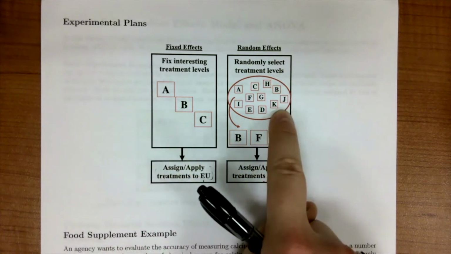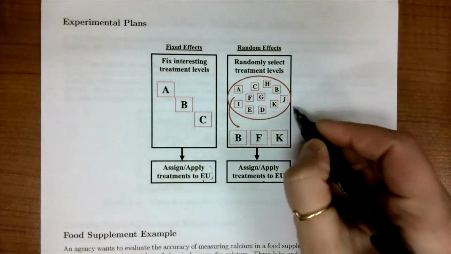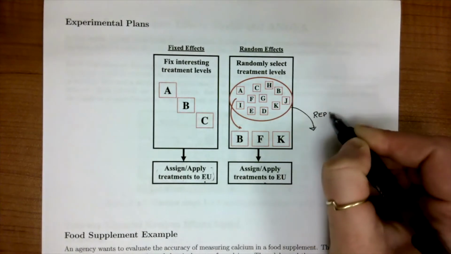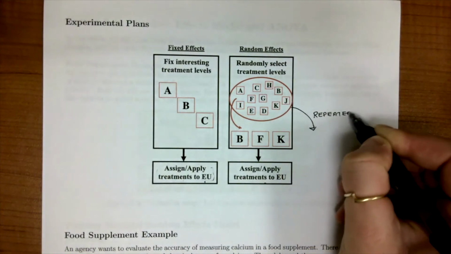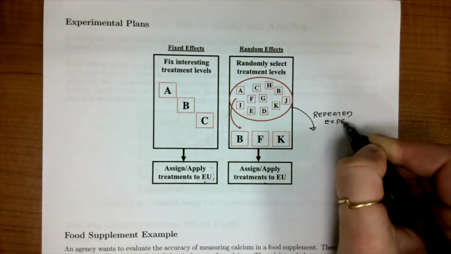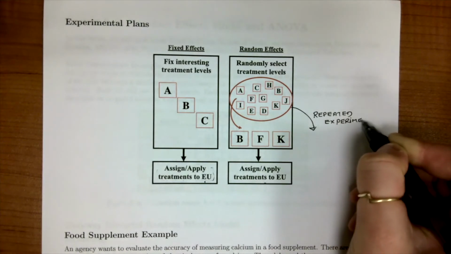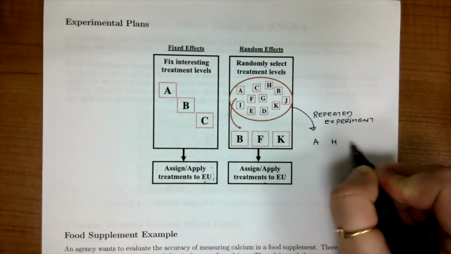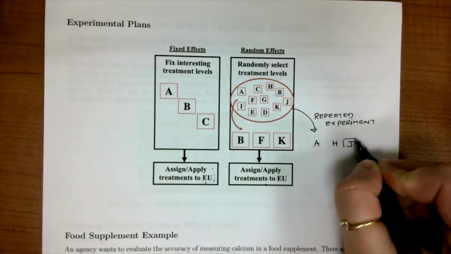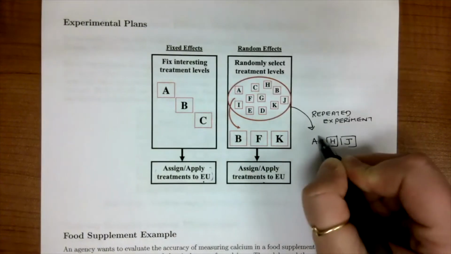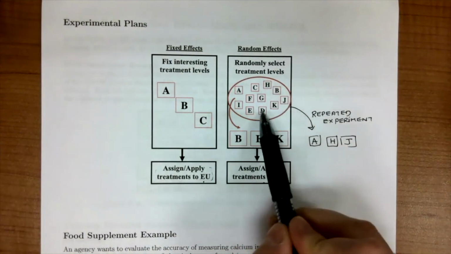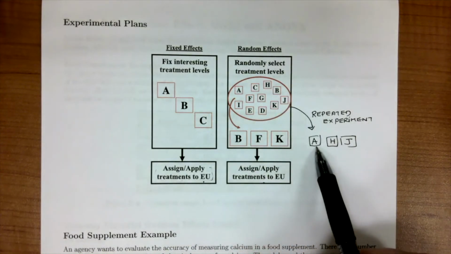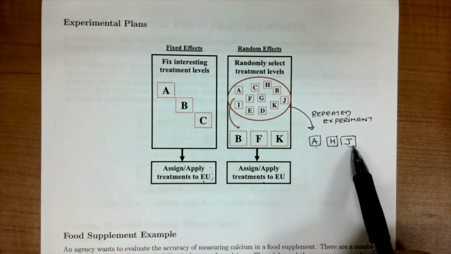For our random effects, let's say we repeat this, and in our repeated experiment we might sample maybe A, H, J. So out of this, we're going to randomly sample 3 of the levels, which if we did it again, might be different.